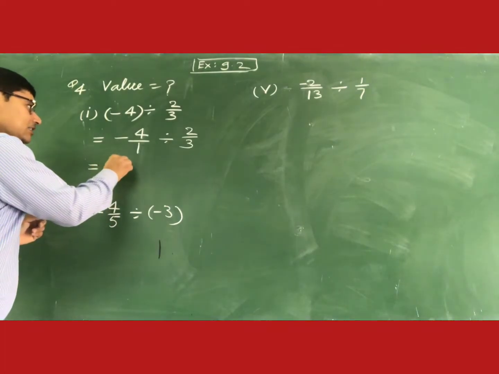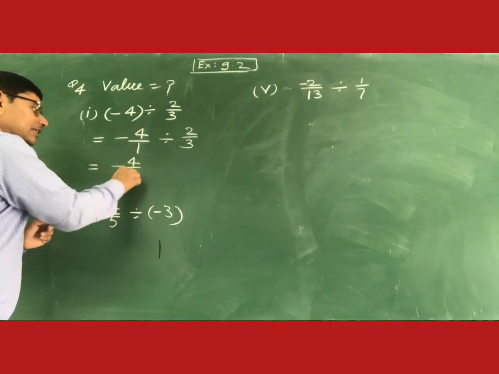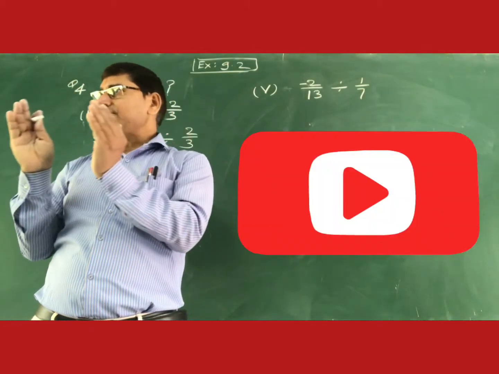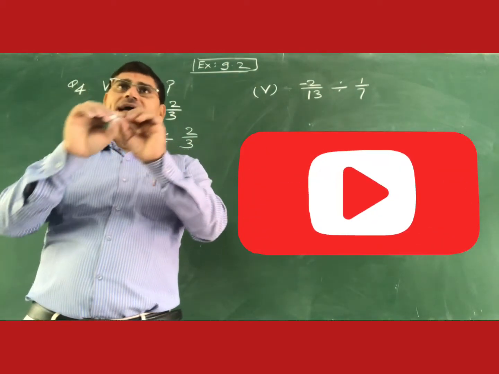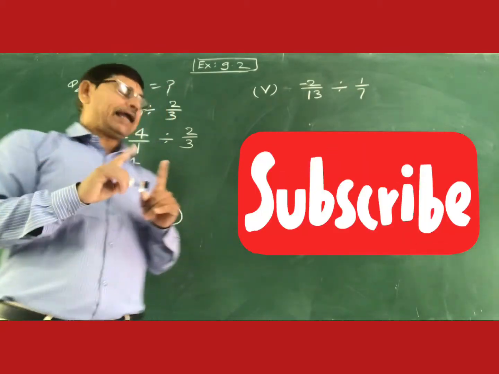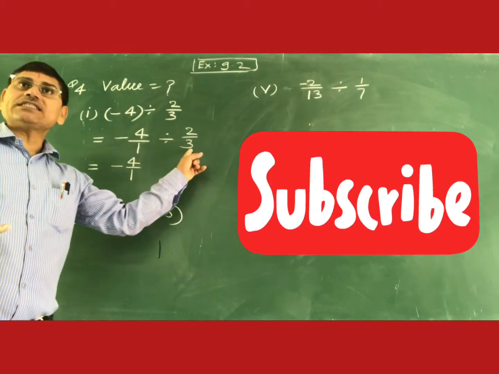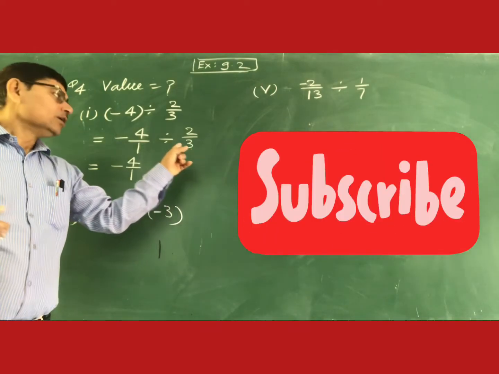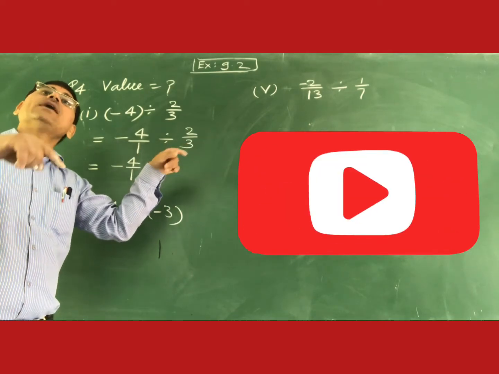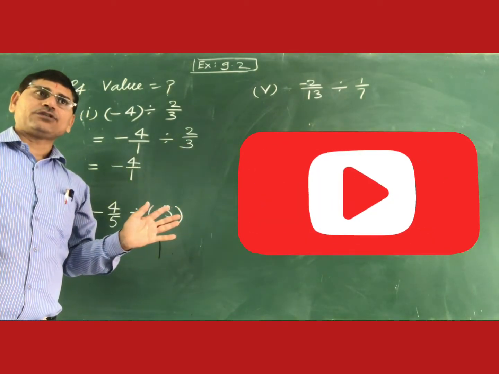You will write this minus 4 by 1 same to same in all the questions. The first rational number you will write same to same without any change. And in the second rational number, what to do? You will replace this divide sign into the multiplication yourself.